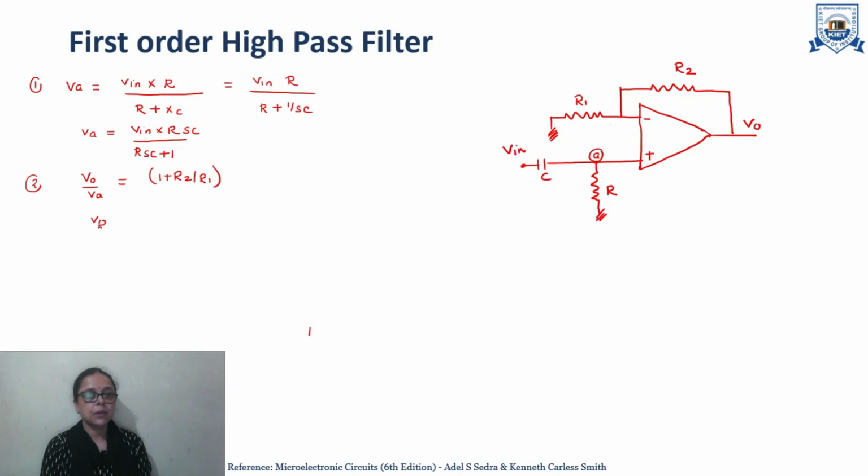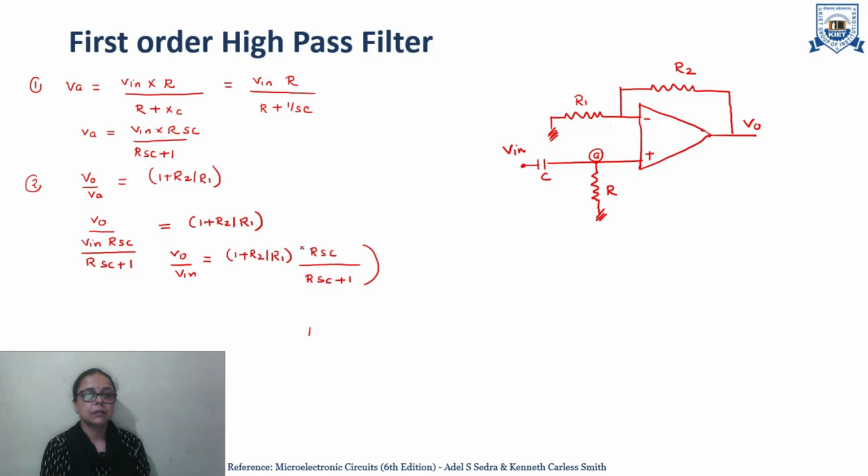So, it will be VO divided by V in into RSC divided by RSC plus 1, equal to 1 plus R2 by R1, and from this VO upon V in will be 1 plus R2 by R1 into RSC divided by RSC plus 1. This is the expression for the transfer function of high pass filter.